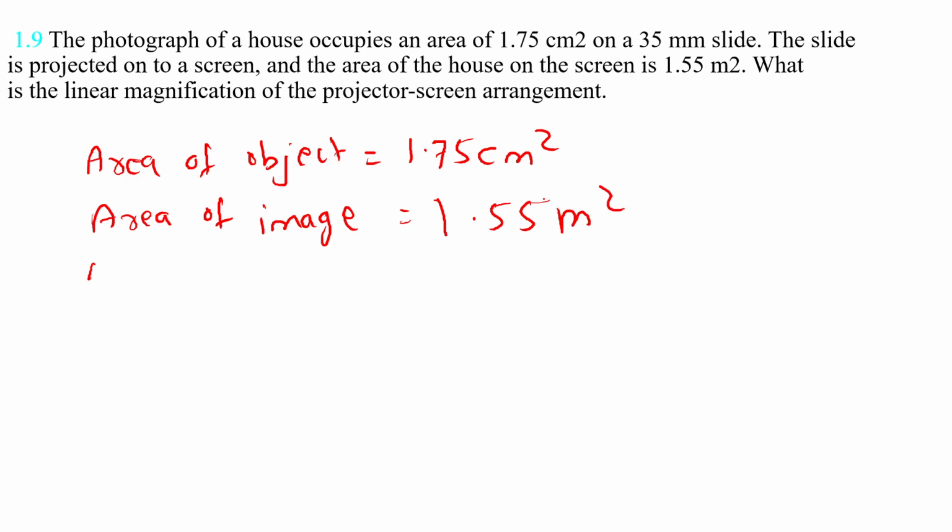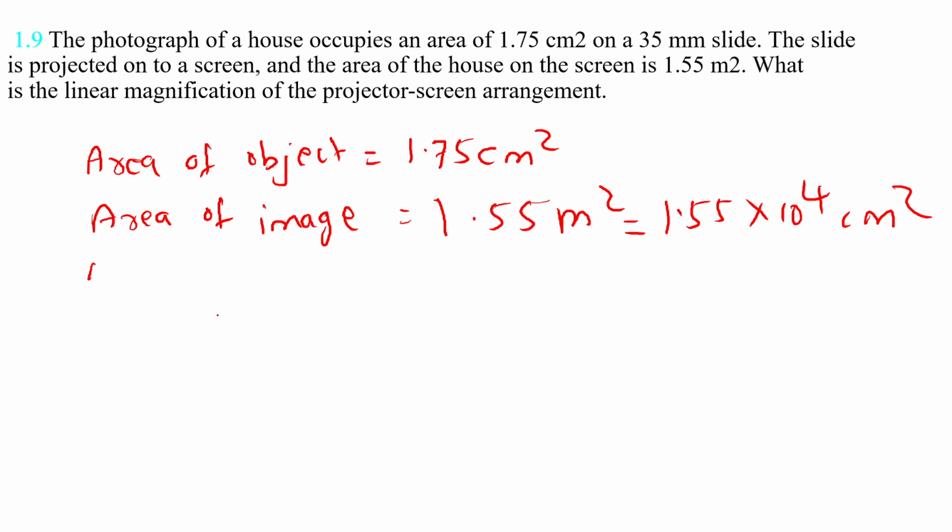Here one is in centimeter square and the other in meter square, so we convert it. If you convert meter into centimeter, it's 100, so 1.55 into 10 raised to 4 centimeter square.